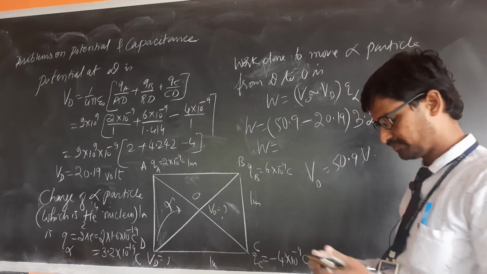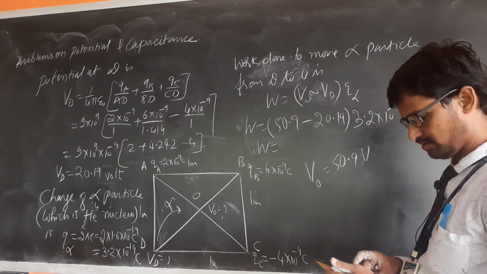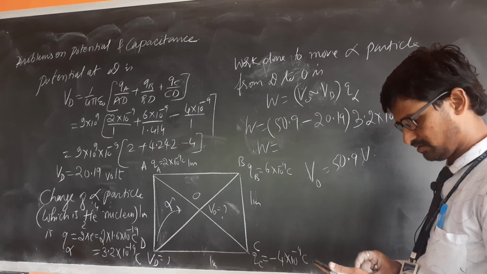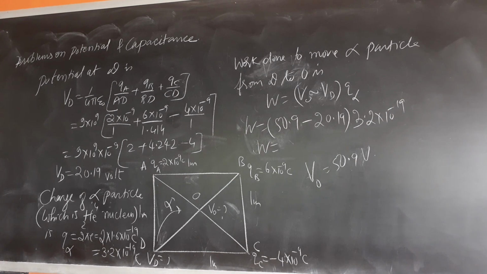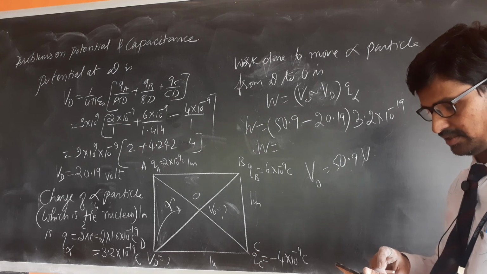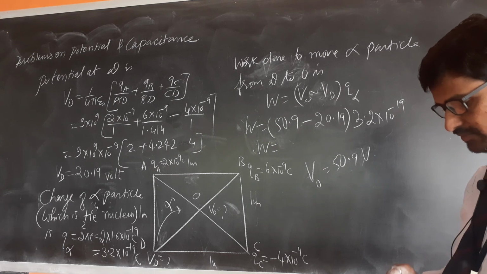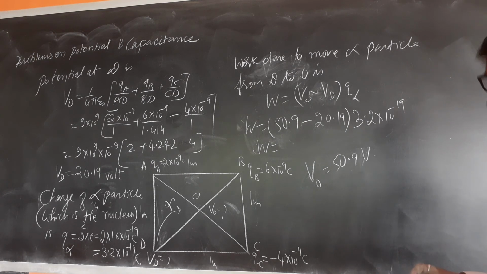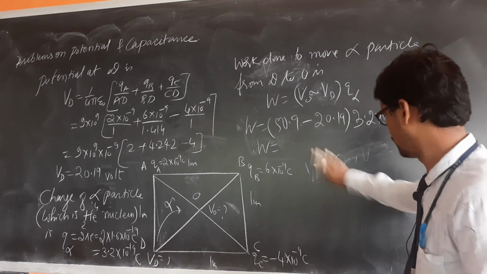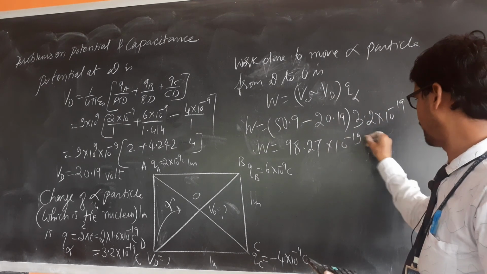So work done is 50.9 minus 20.19 into 3.2 into 10 raised to minus 19 joule.